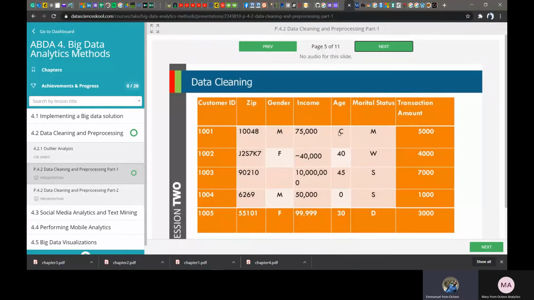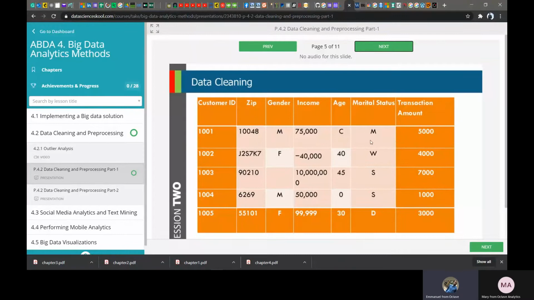Normally you're not supposed to have this in the database, because you would have defined age as a number, unless you define age to be a character. So you're not supposed to have a character here. The other one is 0, and you have to investigate this, because there's no one that will have age 0, even though it's in years. It can be 0, maybe the person is 6 months or 9 months old, not a year, depending on the kind of data it is. So you have to know.